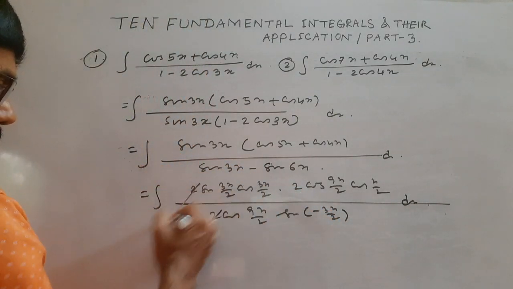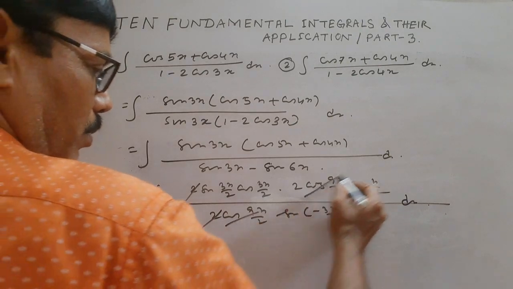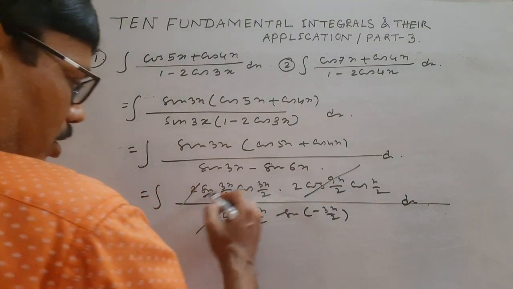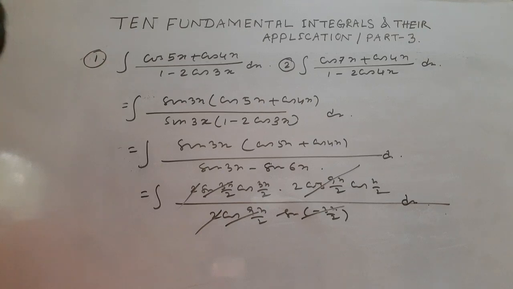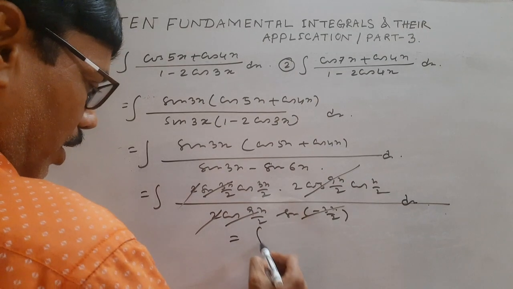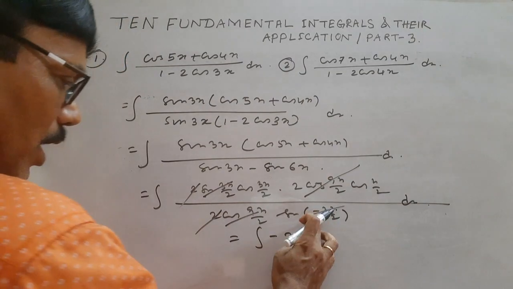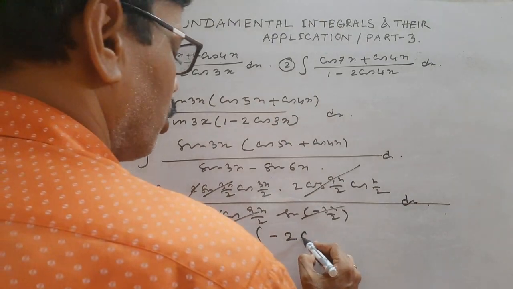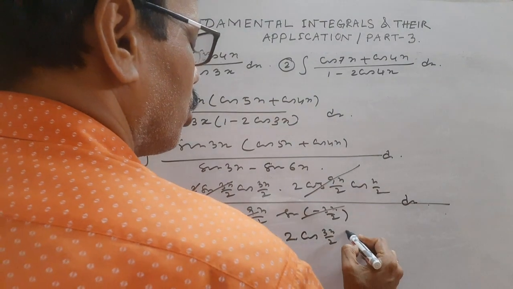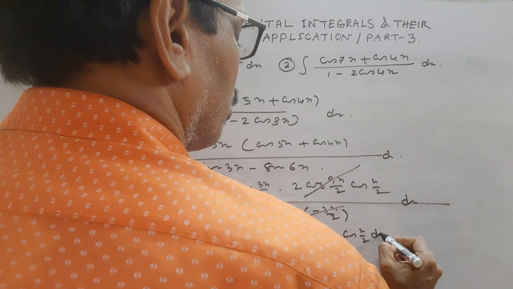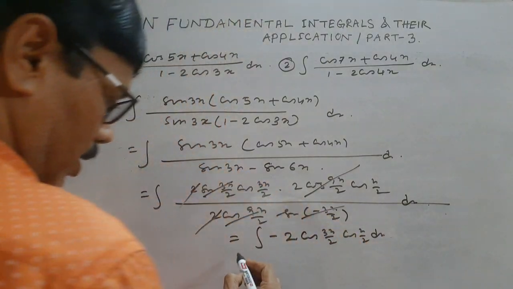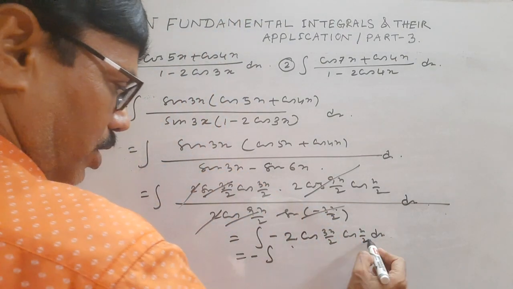Now these two cancel. Cos 9x by 2 cancels. Sin 3x by 2 cancels. So we are left with minus, this minus outside, minus 2 cos 3x by 2 cos x by 2. So this is minus 2 cos a cos b.